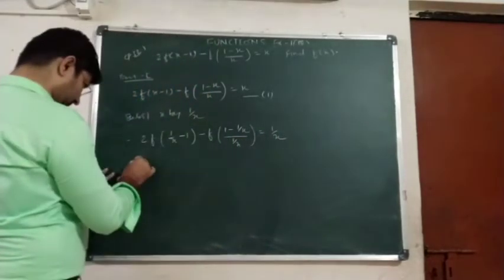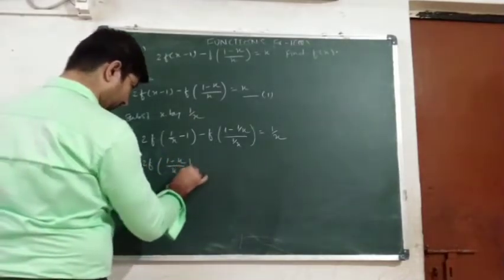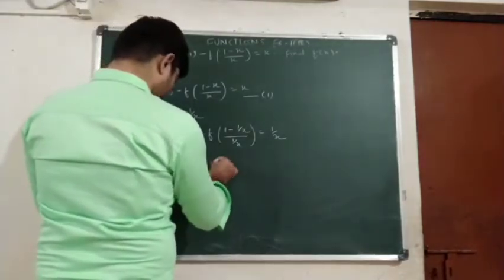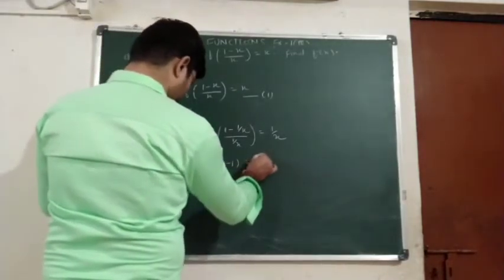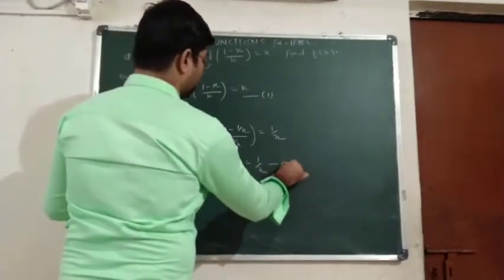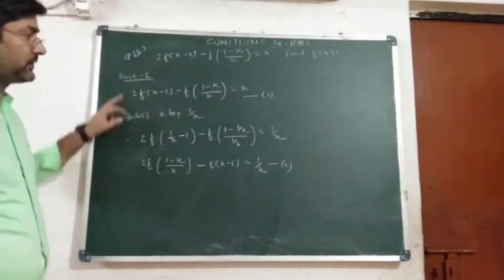On further simplification, 2 into f of 1 by x upon x minus, we will get f of x minus 1. Clear? This is equation number 2. Now we will solve the two equations, solving equations 1 and 2.